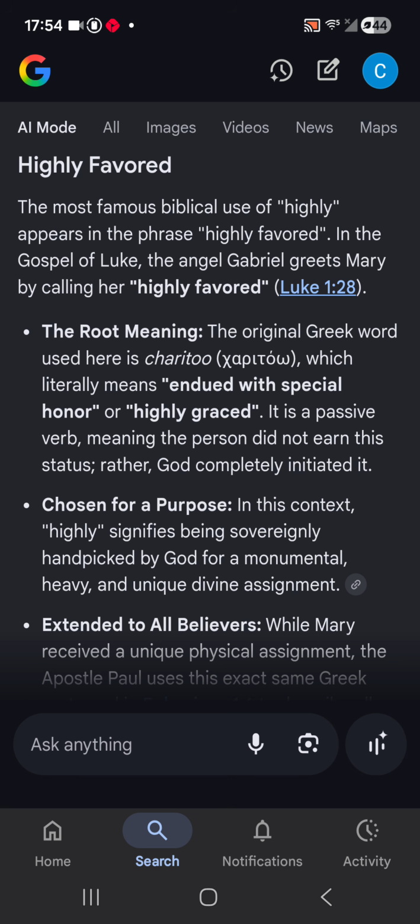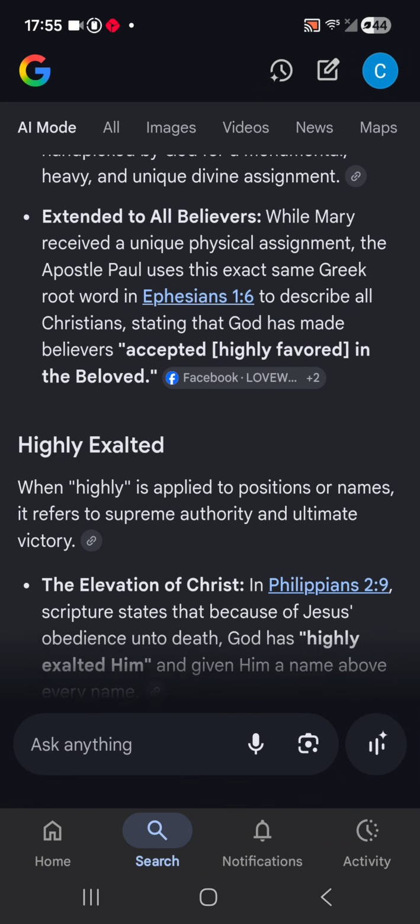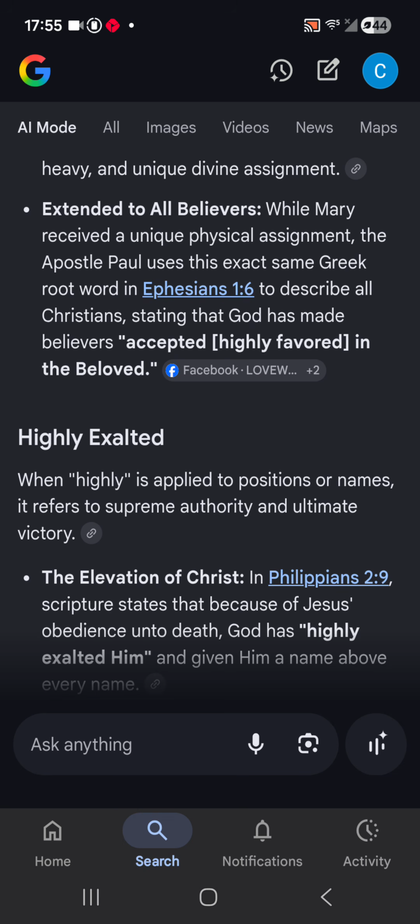Interesting. Which literally means endowed with special honor or highly graced. It is a passive verb, meaning the person did not earn this status, rather God completely initiated it, chosen for a purpose. In this context, highly signifies being sovereignly handpicked by God for a monumental, heavy, and unique divine assignment, extended to all believers.